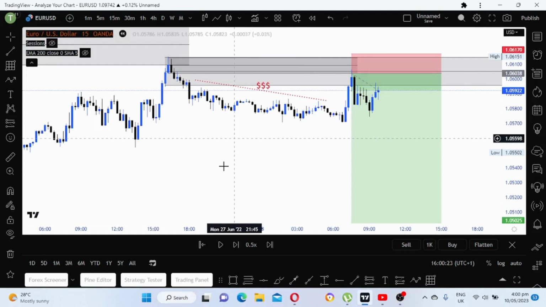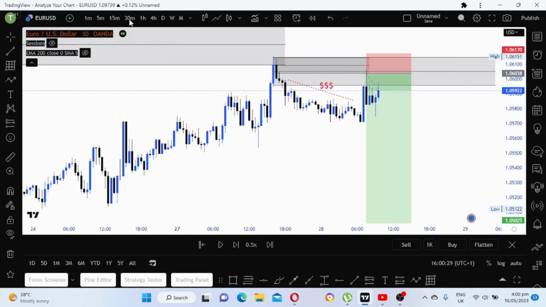So now let's go to the lower time frames again. There's no change of character here. As you can see, there's no change of character, but it's not a problem. So let's continue, guys.